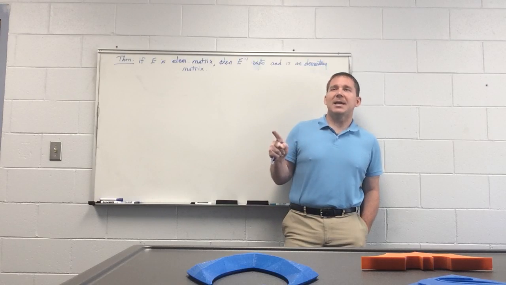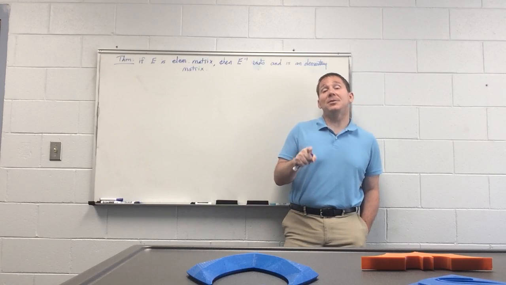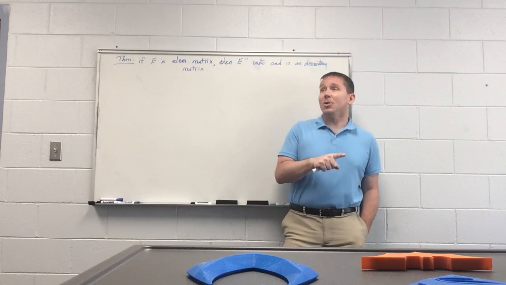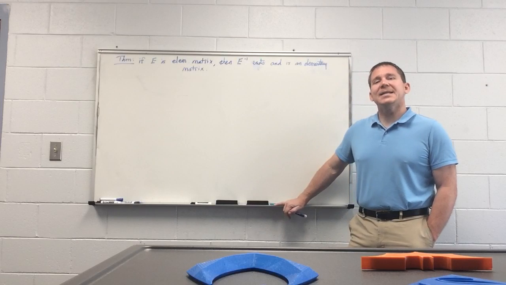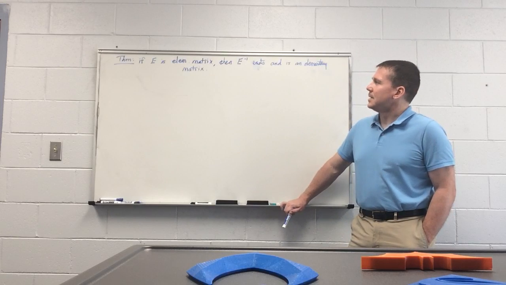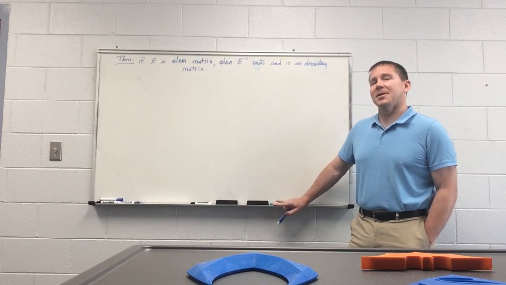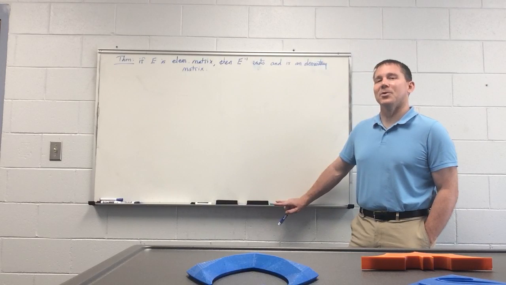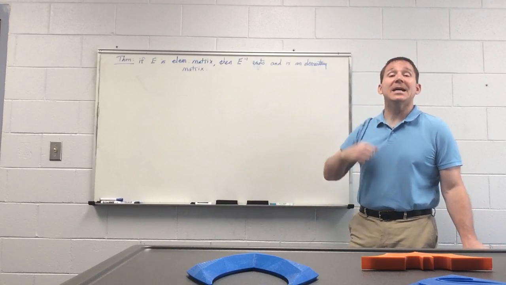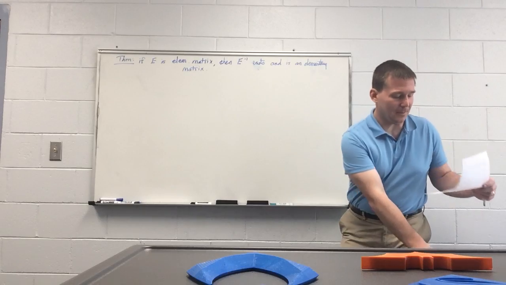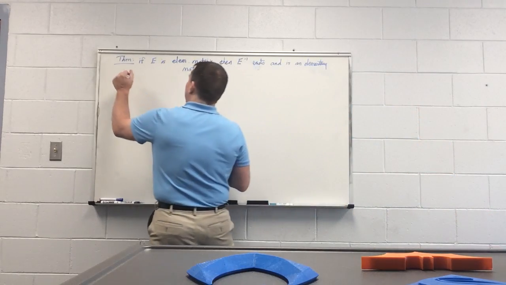So clearly I should be able to take an elementary matrix and multiply it and end up back with the identity. That one should be clear. If it's not, that's one that I want you to work through on your own. Again, it should be pretty straightforward. The idea makes sense.